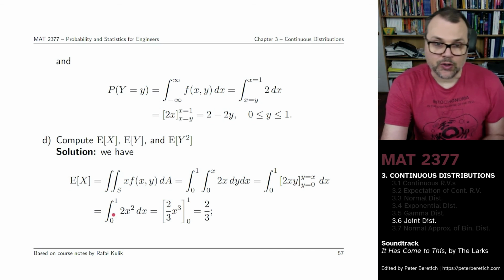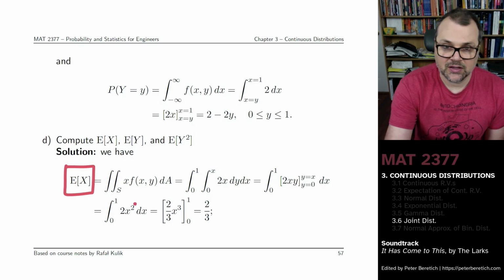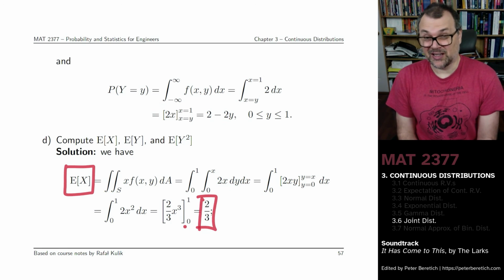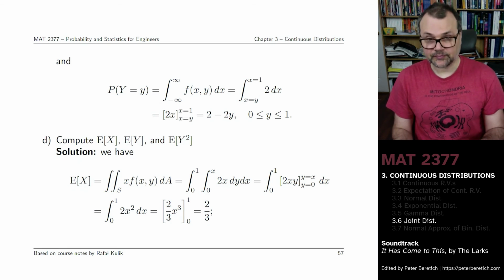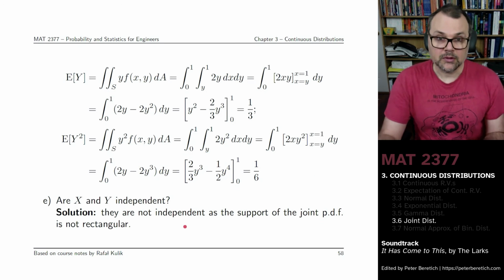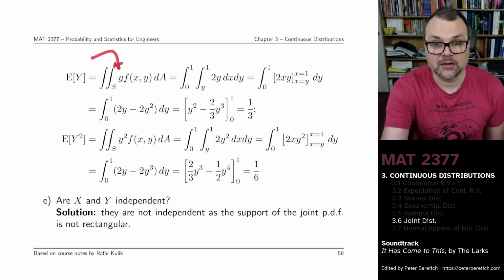So make sure you understand how to go from this to this quantity, which means you need to know how to define your domains of integration. You can do the same thing for the expectation of y. Replace x by y in here.